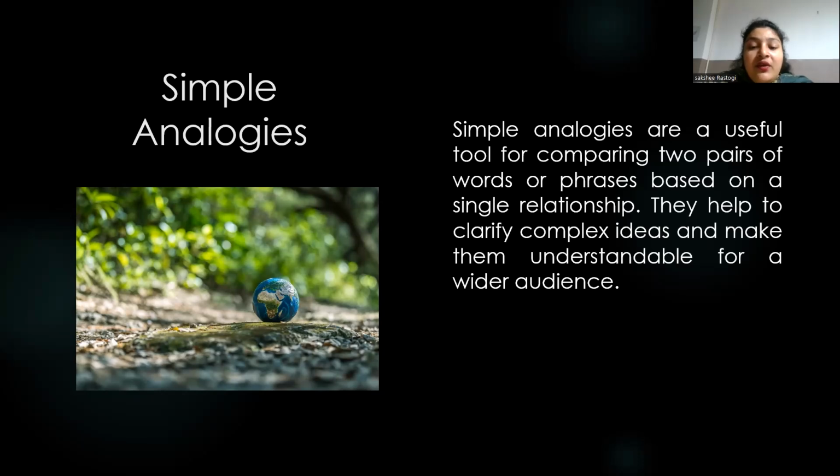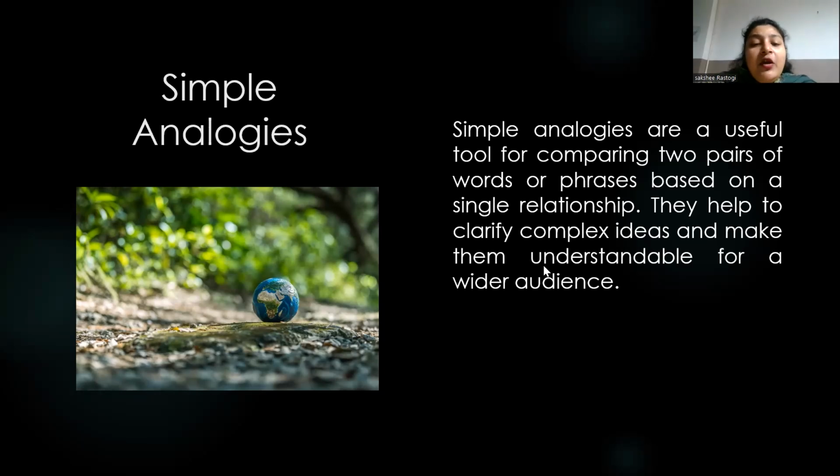House is to live and tree is to grow. Pencil is to draw and singer is to sing. Foot is to walk and hand is to hold. Flower is to bloom and bird is to fly. So simple analogies like these help develop critical thinking and problem solving skills and can be used for improving vocabulary and language skills.